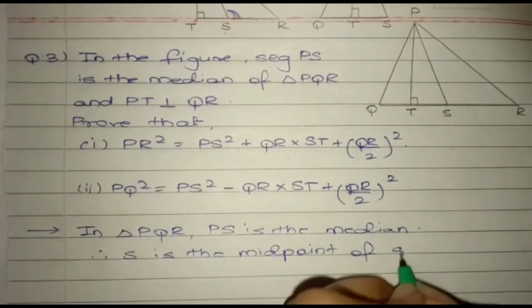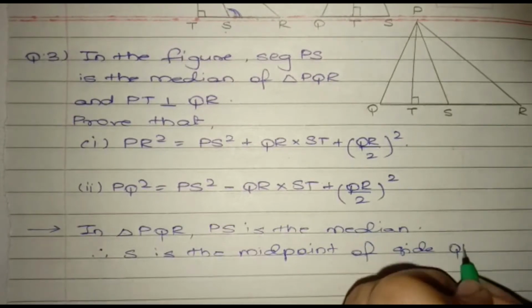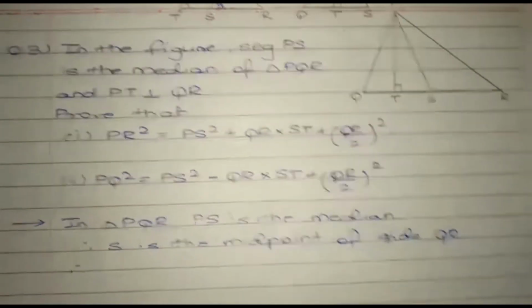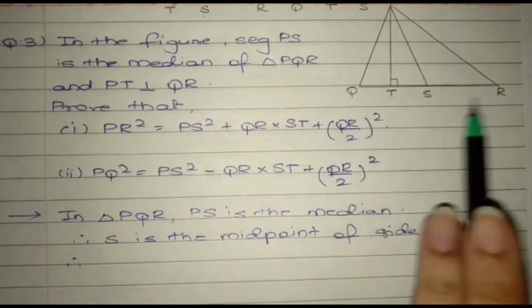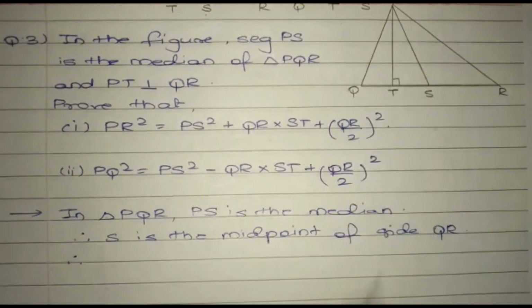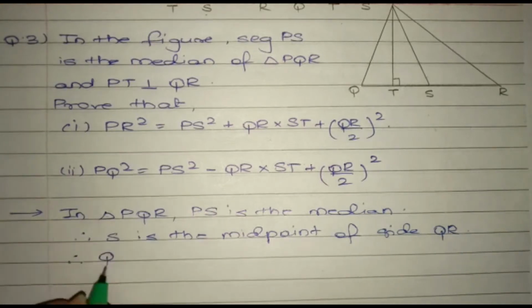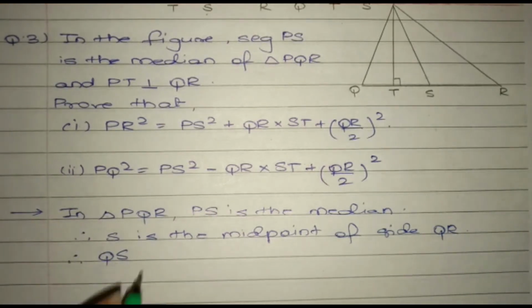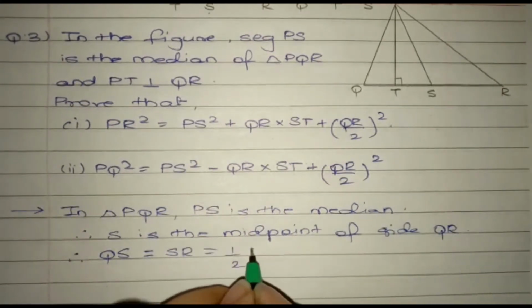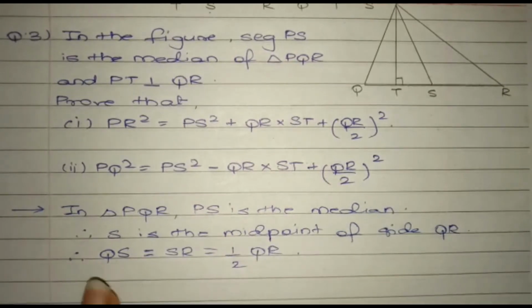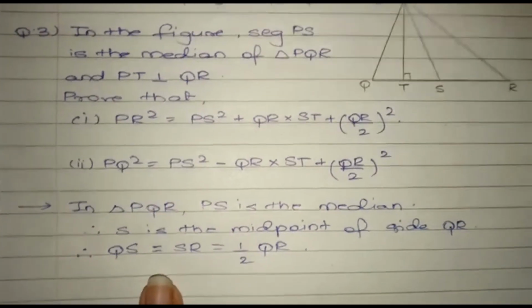Therefore, if S is the midpoint, QS is equal to SR, and both are equal to half of QR. Therefore, QS is equal to SR is equal to half of QR. We have to write this statement in each and every sum.